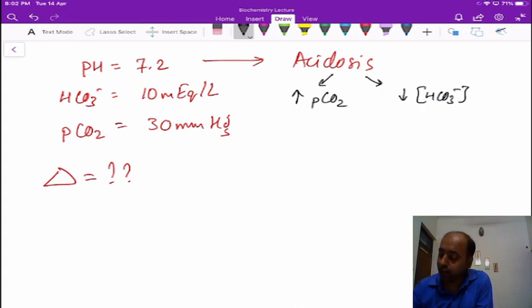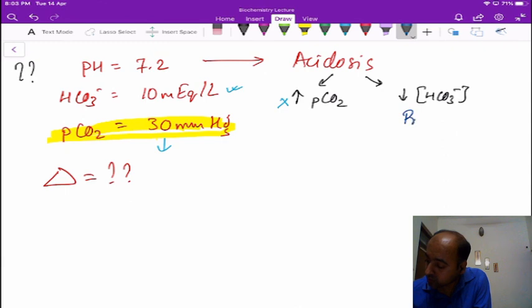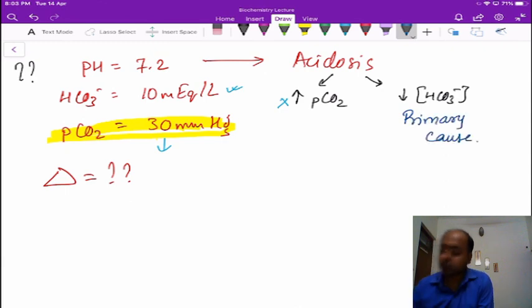What do you find in this scenario? Which condition is being fulfilled? We find that PCO2 is not increased, rather it is decreased. So this condition is not fulfilled. Bicarbonate is decreased, so this is the primary cause.